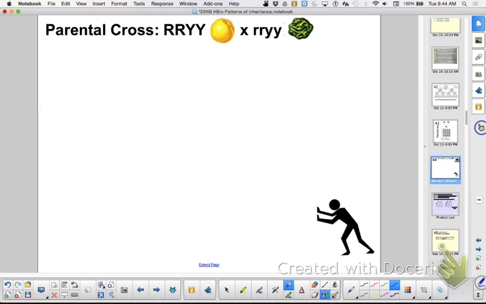Here are the traits. Big R is round, little r is wrinkled. Big Y is yellow, little y would be green. So first of all, tell me the possible gametes for this parent and the possible gametes for this parent. Write that out.